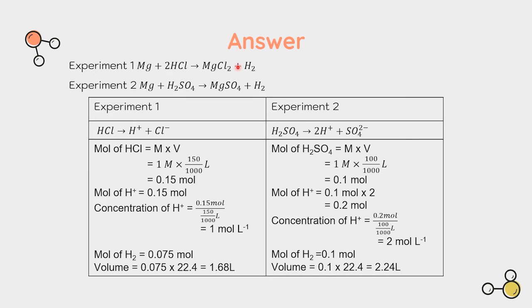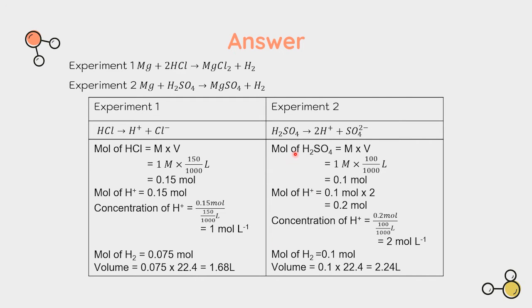So that means if we have 0.15 mole of this HCl, then we'll only get half of this number, which is 0.075 mole of hydrogen gas. So it's written here 0.075 mole. Since we want to calculate the volume at STP, we multiply this 0.075 mole by 22.4 and we get 1.68 liters. The volume we calculated here will be used in the graph, which will be shown in the next slide.